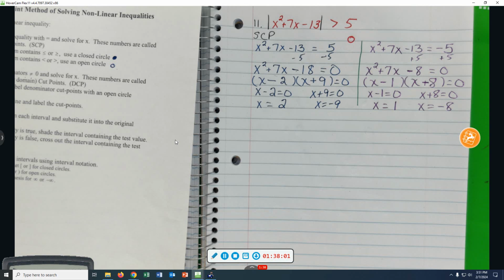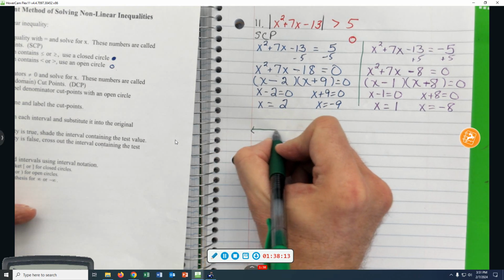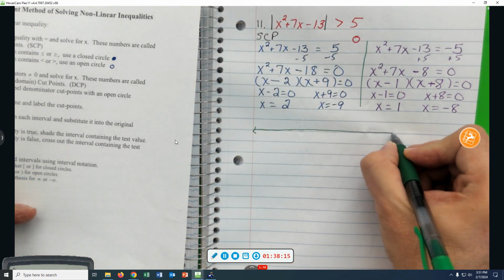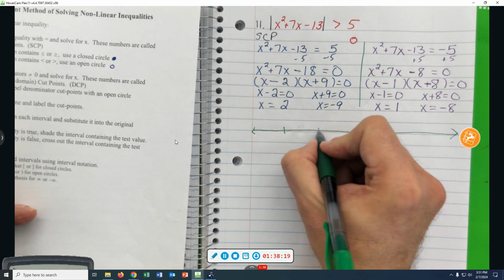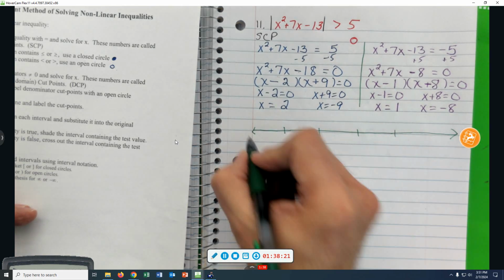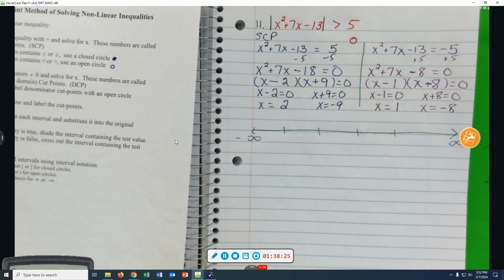Draw your number line, label all those cut points, decide which interval you're going to test, and test. So let me see. I'm drawing a big number line. Make sure there's 4 of them. 1, 2, 3, 4. I'll label negative infinity there and infinity there.